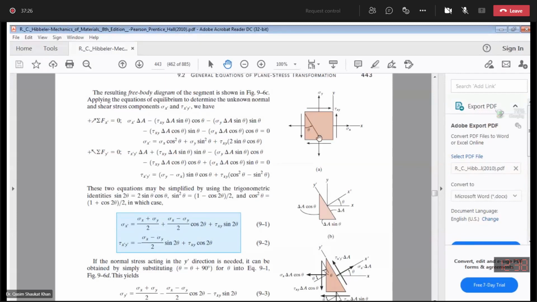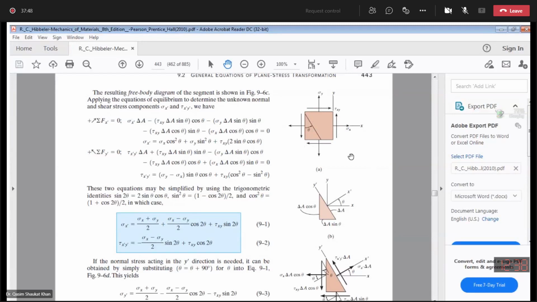Which means that if I cut the section about the y dash axis, I will get different values of the transformed normal and shear stresses than when I cut the section along the x dash axis. Okay?